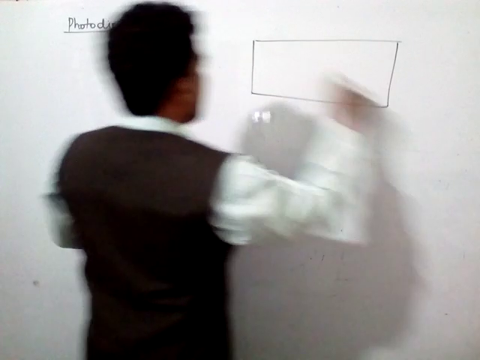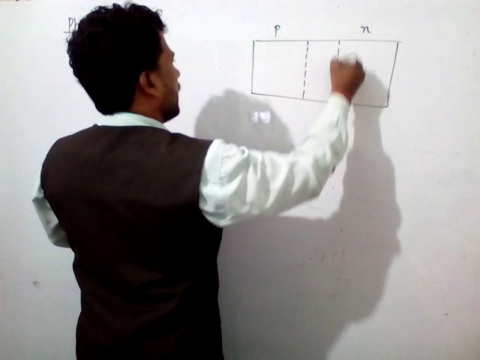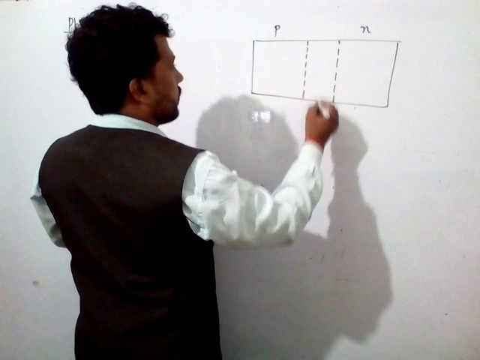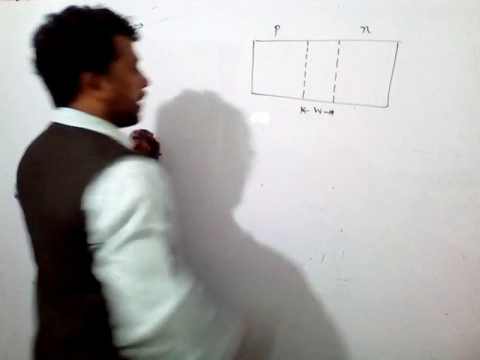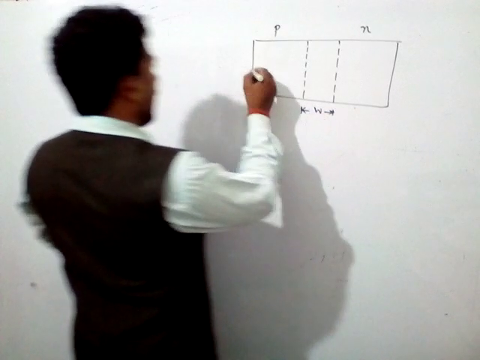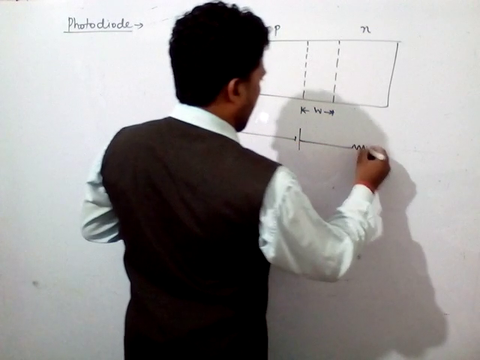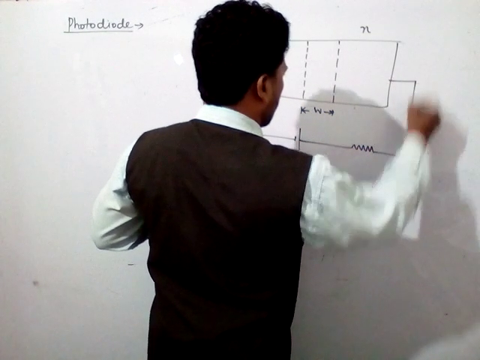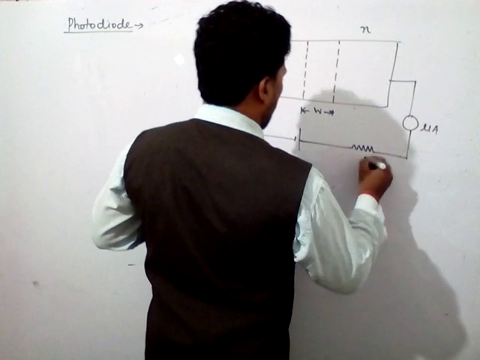This is the PN junction and this is the depletion layer region, which works as the transparent optical window. So this is the depletion layer region and it works in the reverse bias, and here we attach a load in which current will flow in the order of microampere.